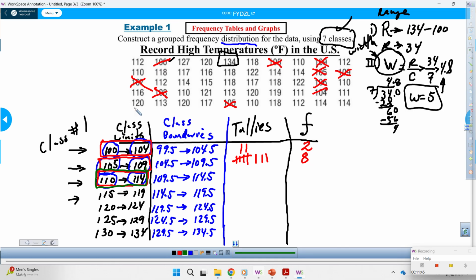We got 1, 2, 3, 4, 5, 6, 7, 8, 9, 10, 11, 12, 13, 14, 15, 16, 17, 18. 18.